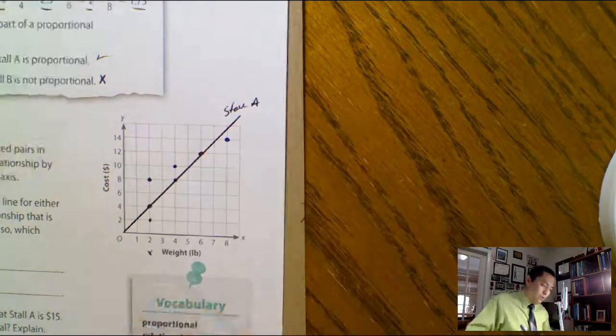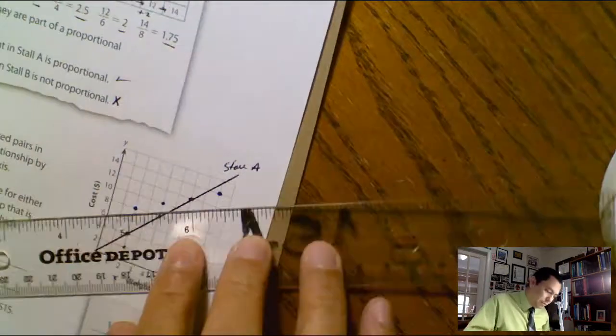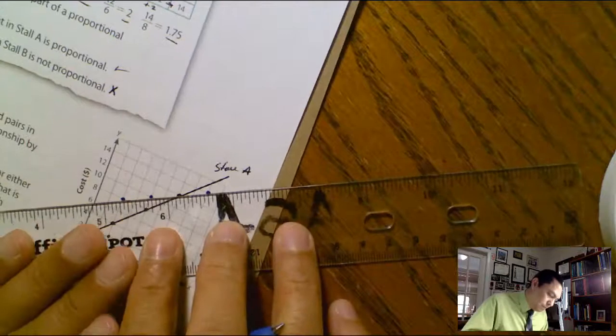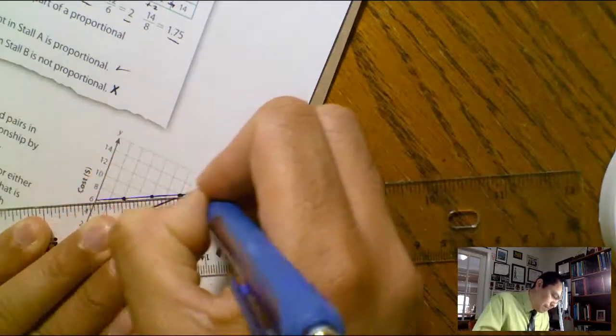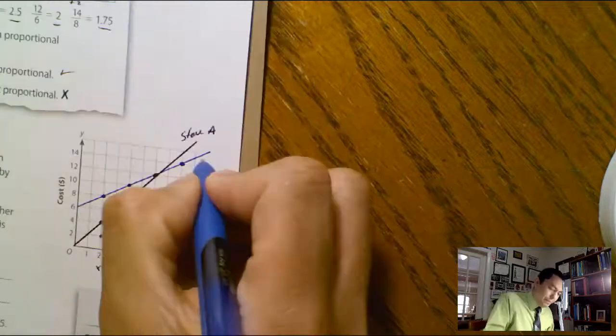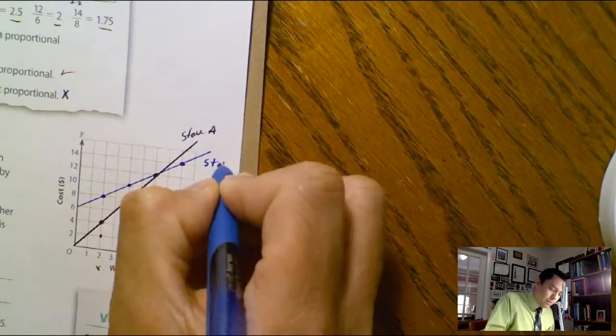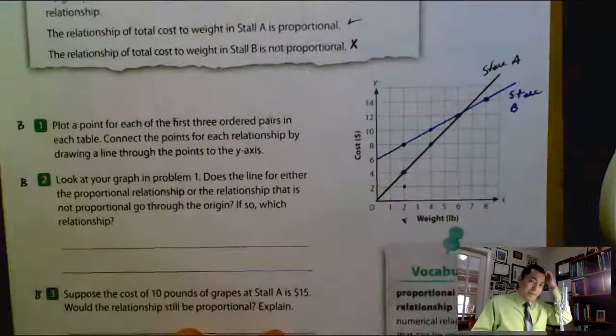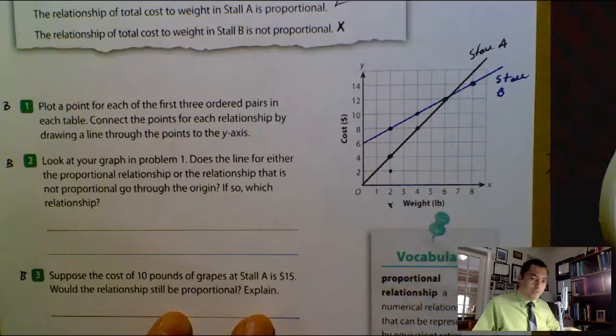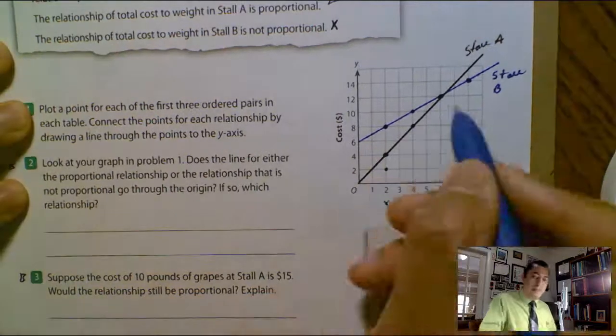So we put those ones together, and this is stall B. Okay, here we go. That's problem 1. That's as easy as plugging in those points and making a line.